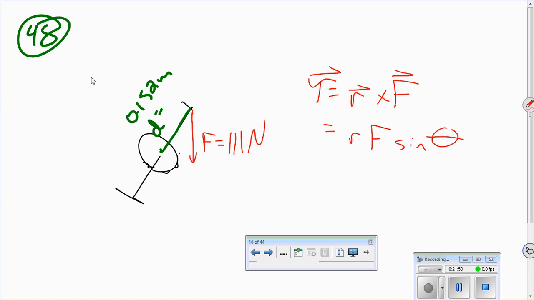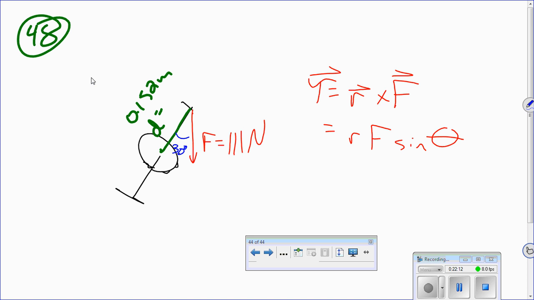The angle between the force and the lever arm, technically, and in this case the pedal is the lever arm. And it tells you that the angle between the pedal and the vertical is 30 degrees. So for A, you're just going to do 0.152 times 111 times the sine of 30 degrees.